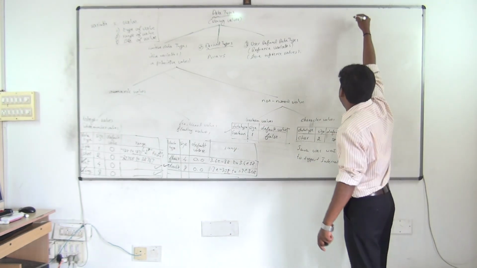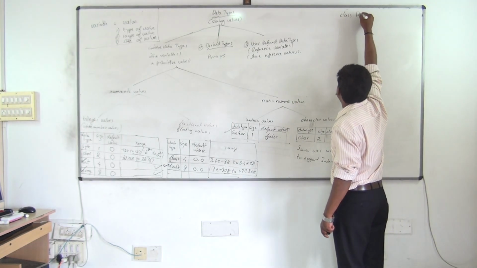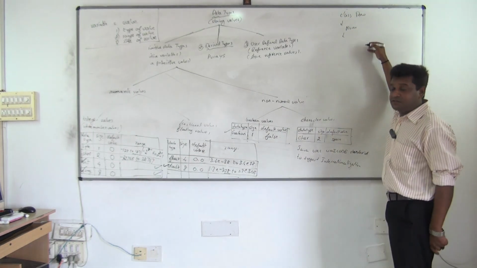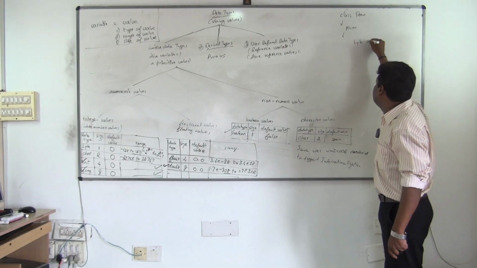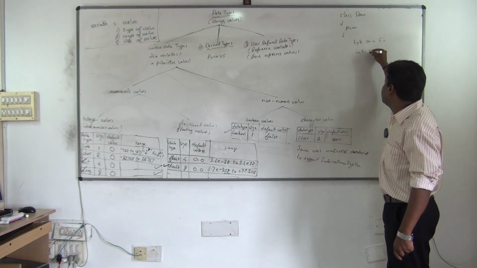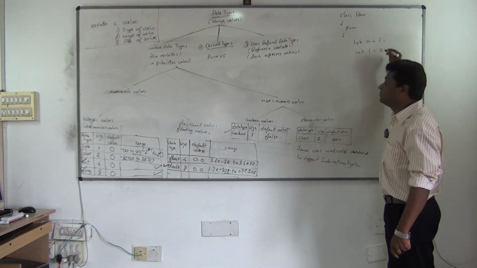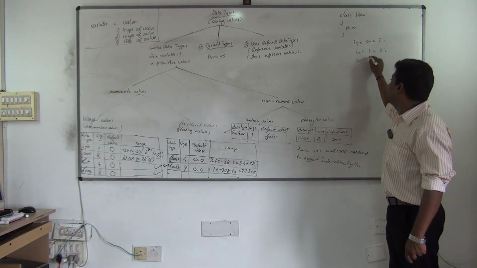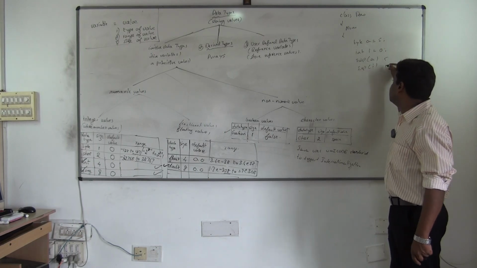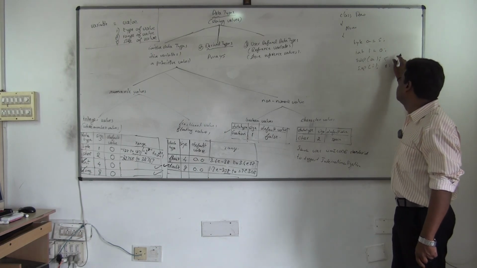Very simple now. You will understand all the code now, because you understood all the data types. In 1 minute you will understand all the typecasting things. See, I have byte a is equal to 5, int i is equal to 0. Okay, SOP a, SOP i. What will it print? 5 and 0. This is the output.